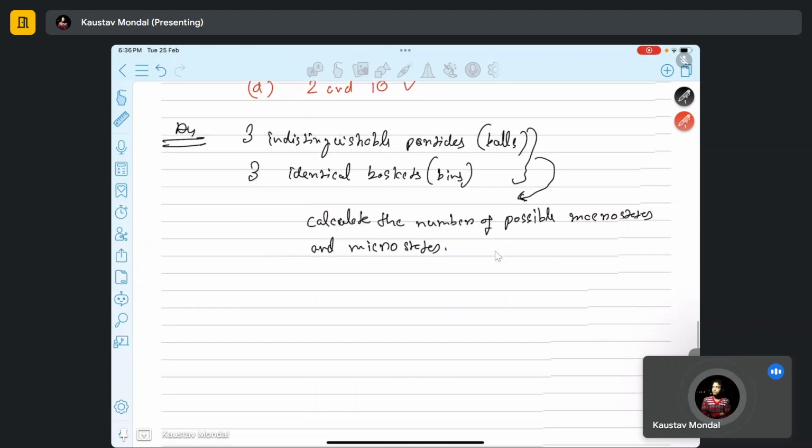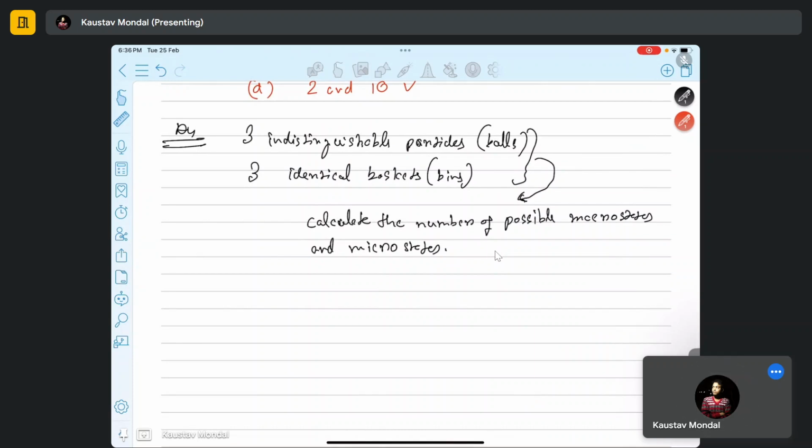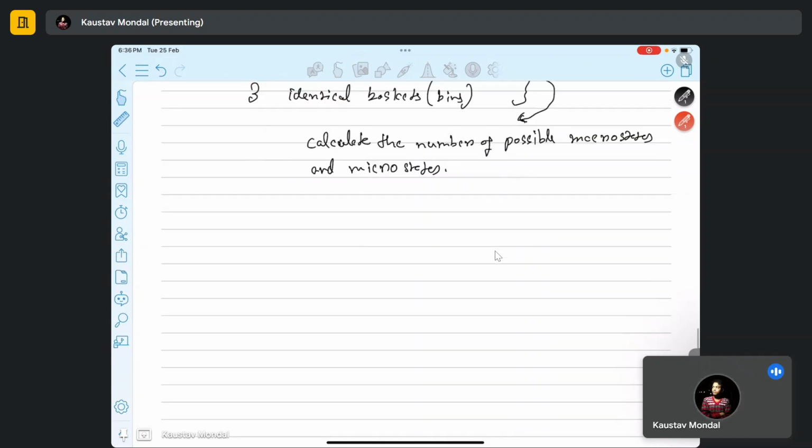Before calculating, let me briefly discuss what microstate and macrostate mean for our problem.